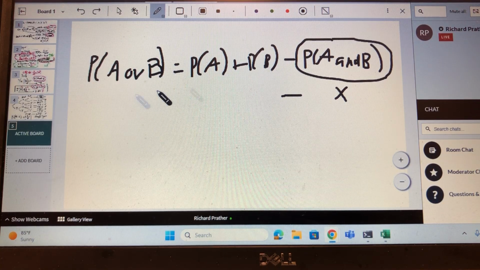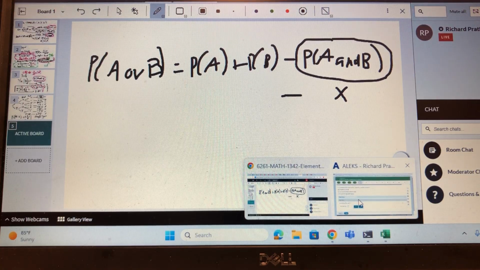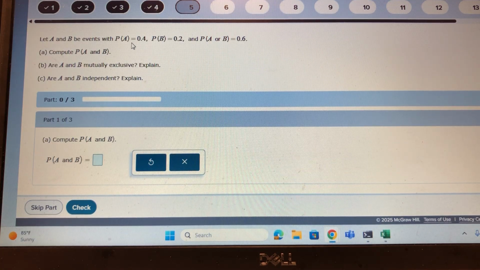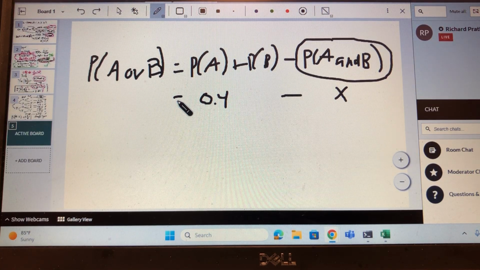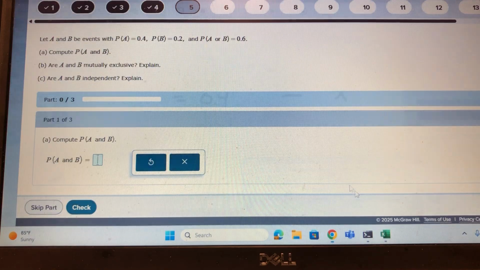And it turns out they give you values for the other three. So A is 0.4. B is 0.2.